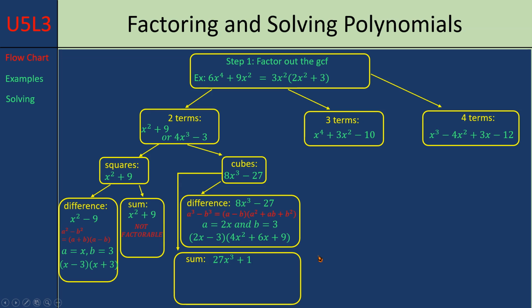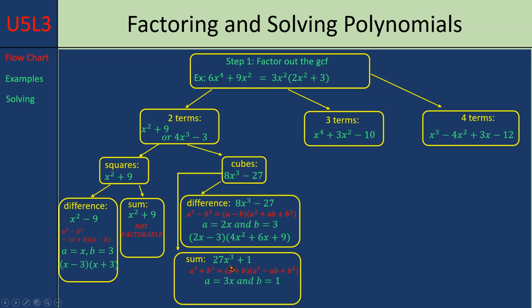All right. Same thing down here, but the formula is slightly different. If you have a cubed plus b cubed, you have a plus b. That's the difference there. And then a squared minus ab plus b squared. Again, you figure out what is a and what is b. So a is the cube root of this, which is 3x, right?